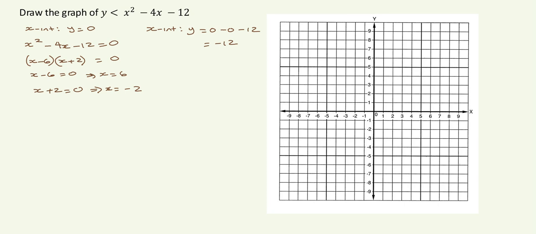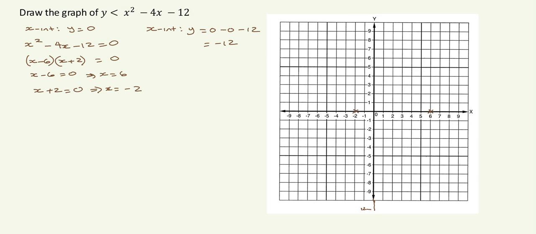x equal to negative 2, so we got that point right here. We have x equal to positive 6, we have that point right here. So ideally what's going to end up happening, I'm going to just put negative 12 right about here. So we'll extend our line right here.